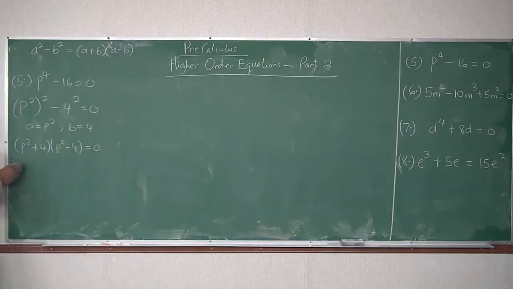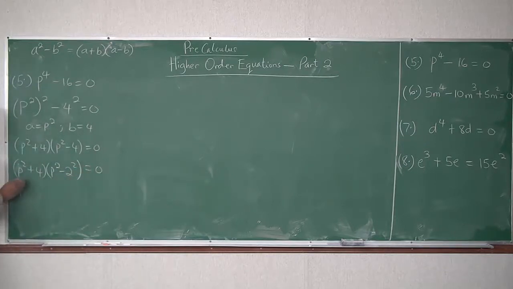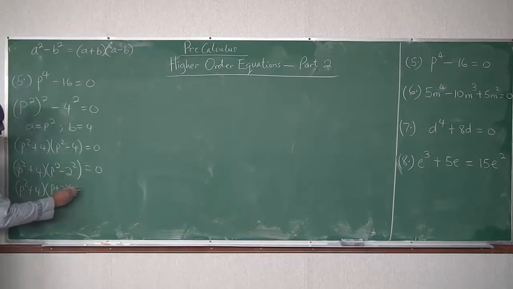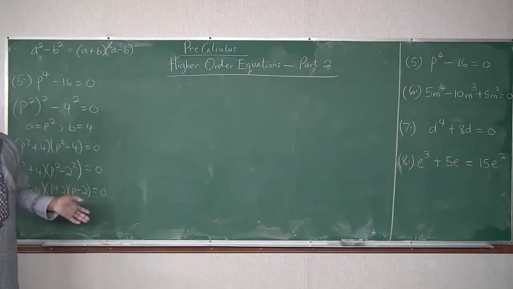Then you can still factor p squared minus 4 by difference of two squares. Now we have p squared plus 4, then p plus 2 times p minus 2 equal to 0.